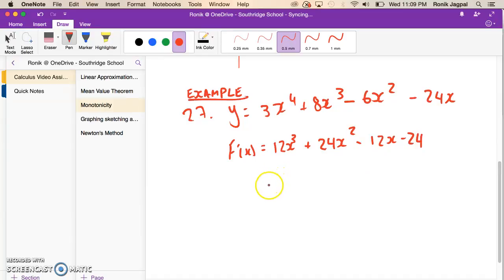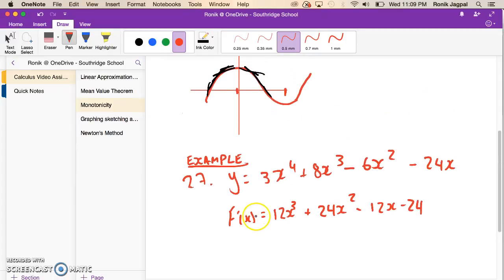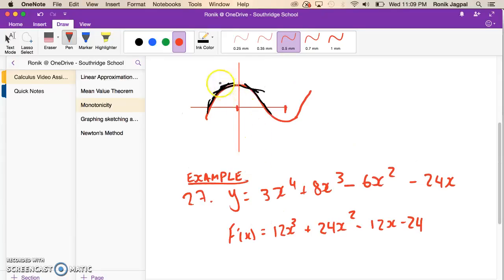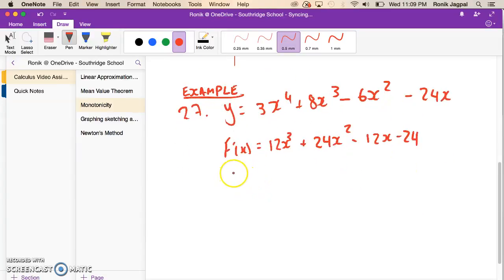Once we've found our derivative function, we can try to find our critical points. Essentially, if our derivative is 0, so right across there, then we know that's our critical point. So we're going to make this 0: 12x cubed plus 24x squared minus 12x minus 24.